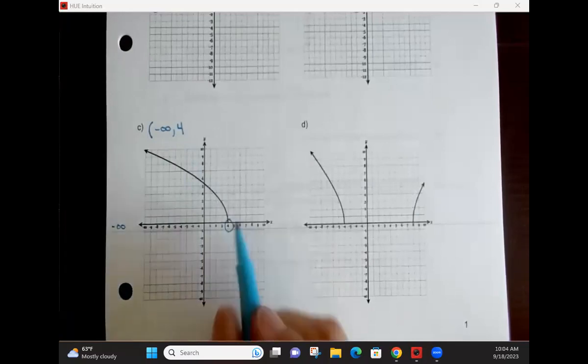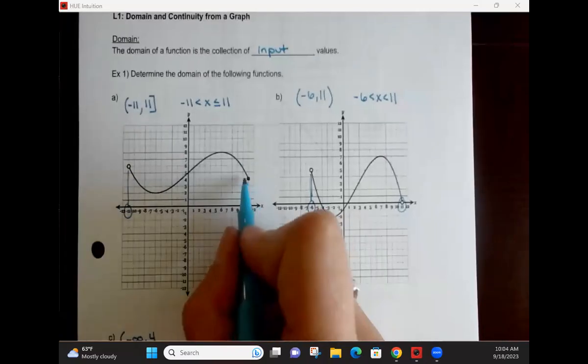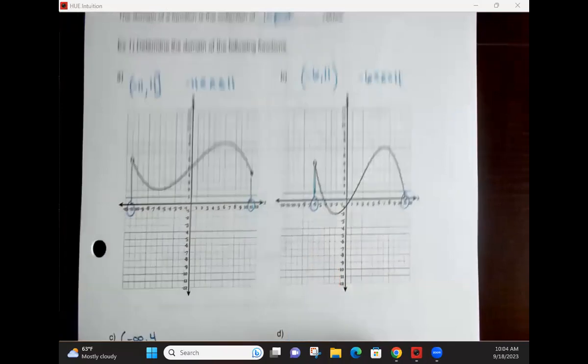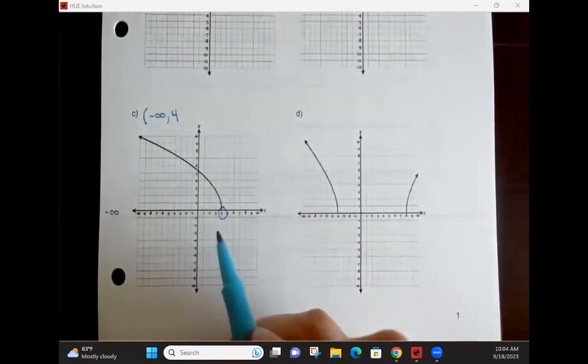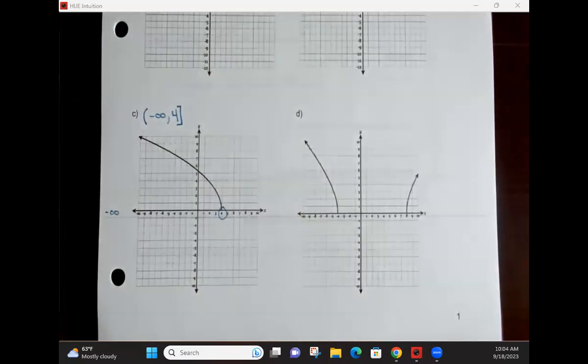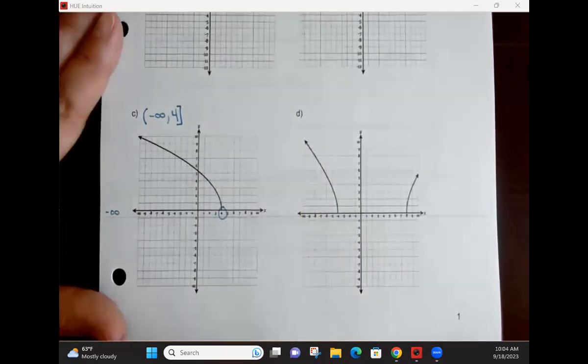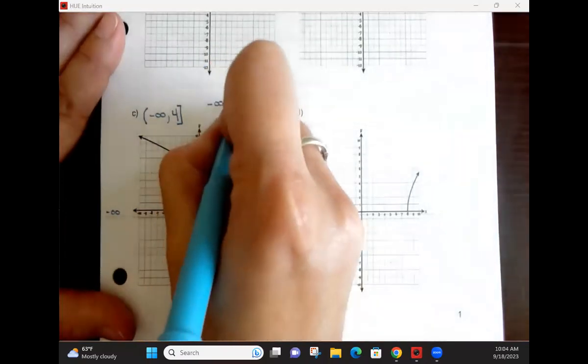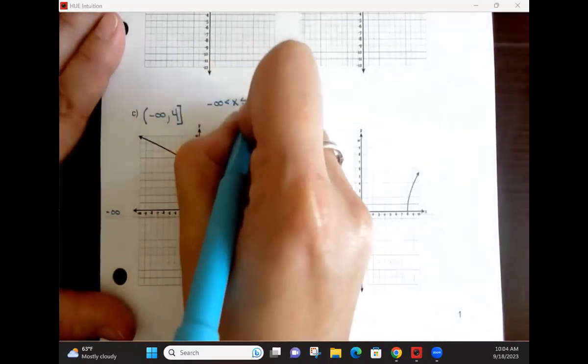This would be a bracket. It's not as obvious of a closed point. It's not as bolded as what we saw there. But if I don't see an open circle, that means I include that value. In inequality notation, we could write this as negative infinity is less than x is less than or equal to 4.